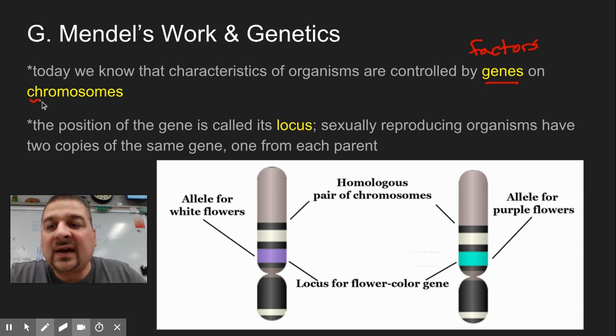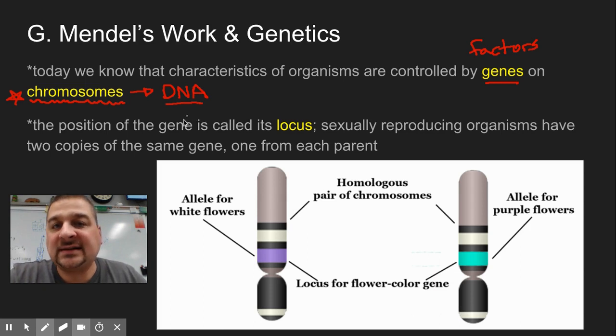We now know that's because all of Mendel's characteristics were on different chromosomes. And then later we began to understand that those chromosomes, those units of inheritance, are actually made up of this genetic material we call DNA. Once we get to the 1950s, when we discover that.